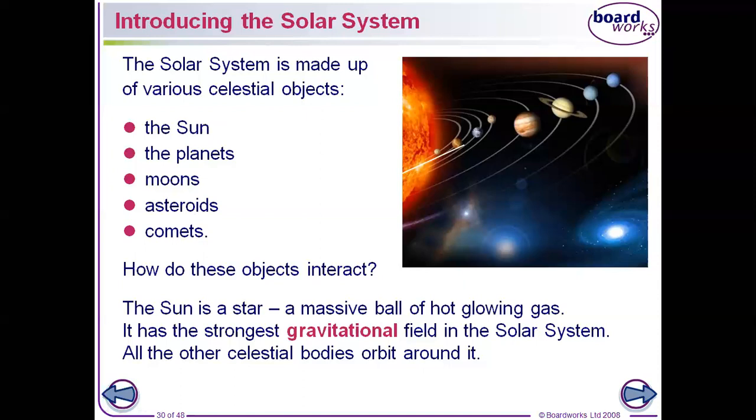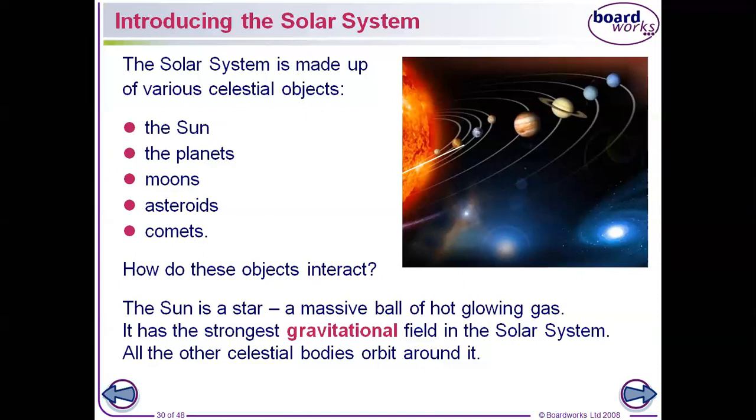How do these objects interact? We're going to see it shortly. The sun is a star, a massive ball of hot glowing gas. It has the strongest gravitational field in the solar system. So that means all the other celestial bodies are being held by the sun.